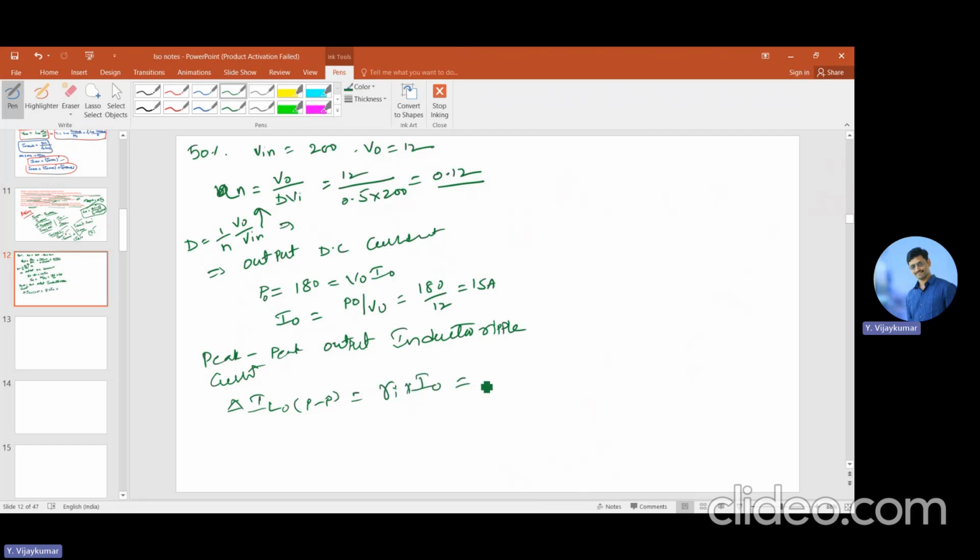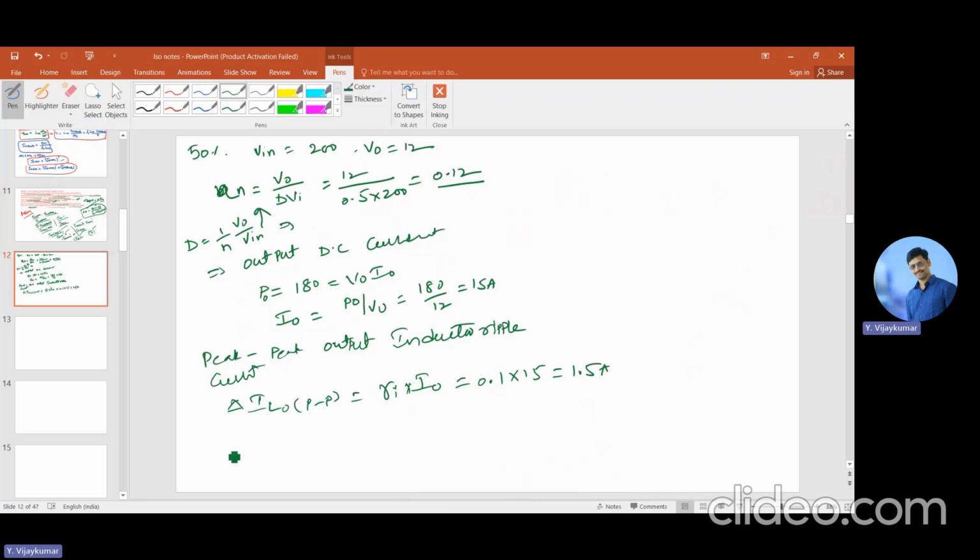The problem has given that Ri is 10%, right? 10% means 0.1 into 15, that is equal to 1.5. Now this is 1.5 amperes.